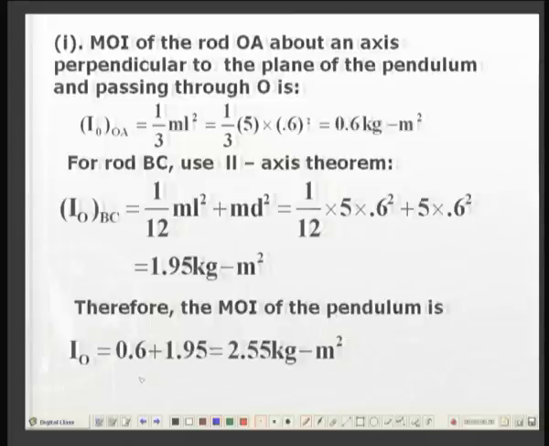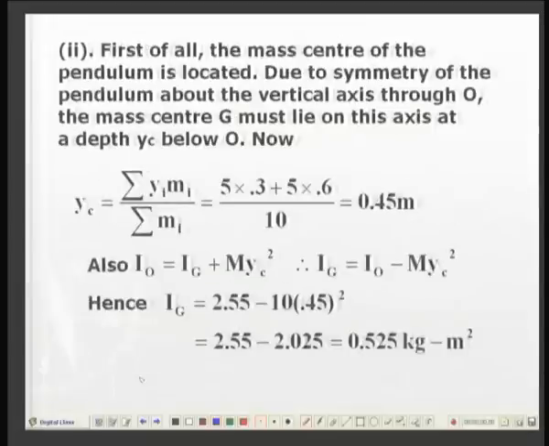All right. Now, to find it about the center of mass G, first we have to locate the center of mass, and for that the centroid of the cross section has to be found. Yc is equal to the first moment of the two masses, the vertical part and the horizontal part, divided by the total mass. Both parts are 5 kilogram each.